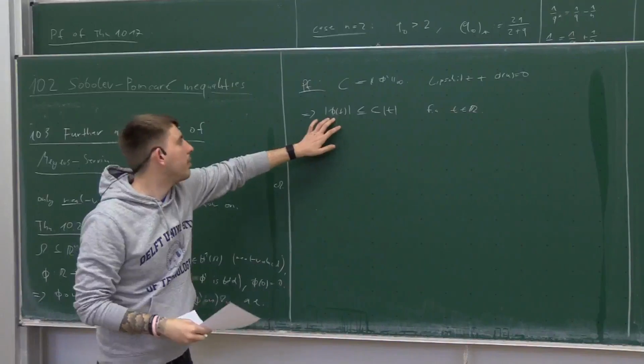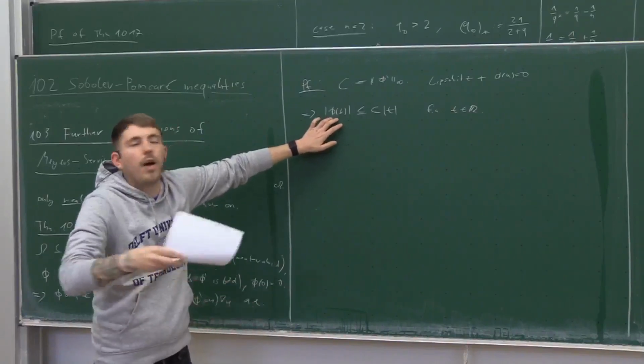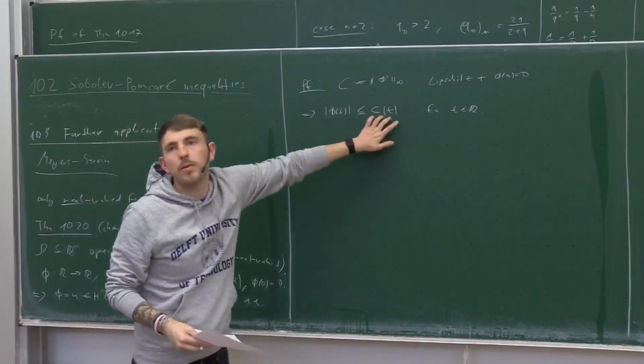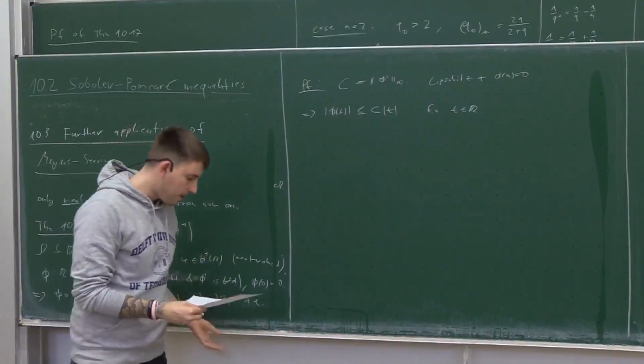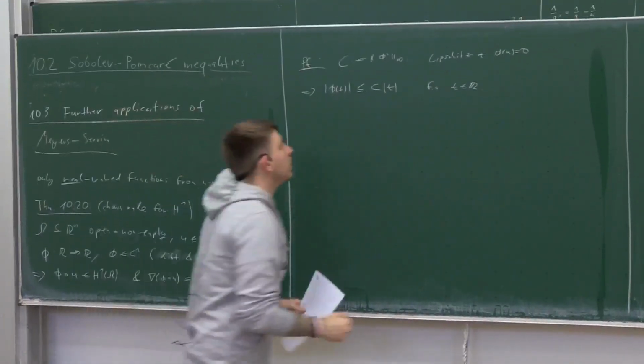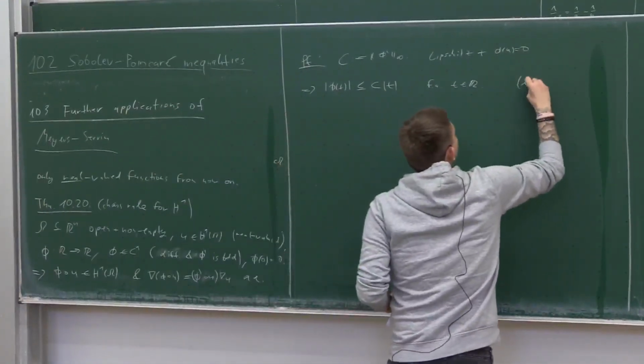You extend this expression by minus phi of 0, then use the Lipschitz property, and you get this linear growth.